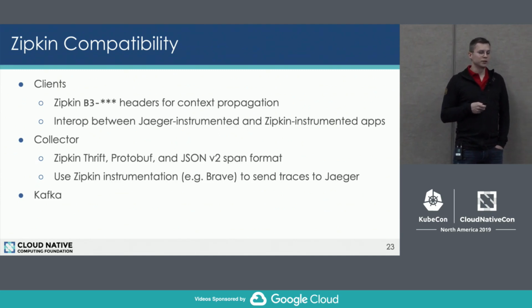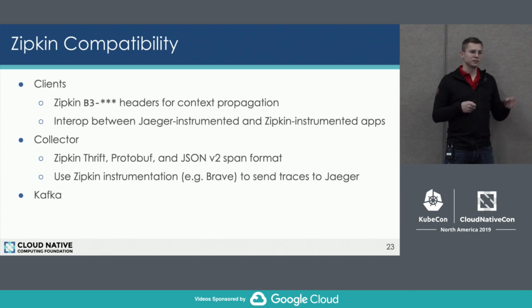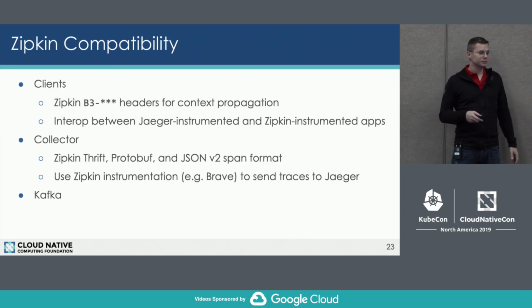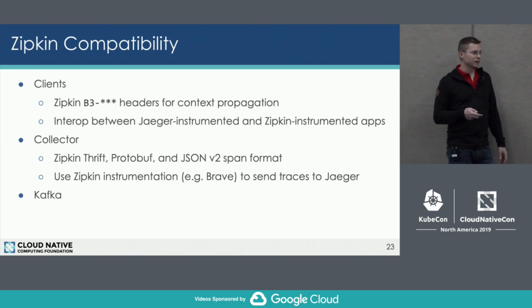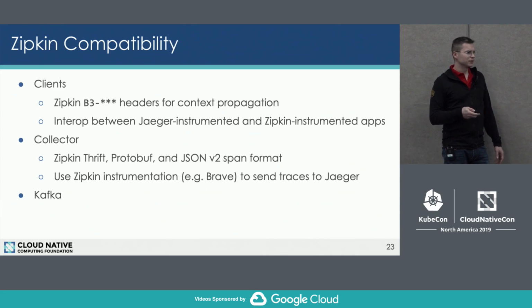But then also you can configure Jaeger clients to understand the Zipkin context propagation format. So one service can be instrumented with OpenTracing and Jaeger, and another with Zipkin, and they can still continue the same trace. There is also integration with Kafka, which gets the Zipkin format from Kafka and stores it into our storage, right?